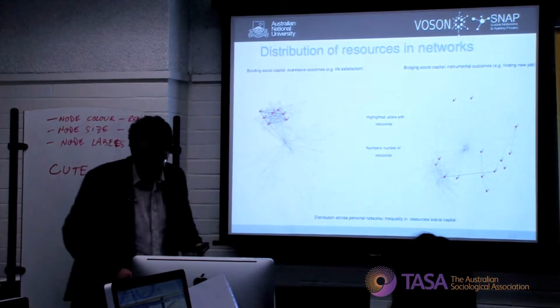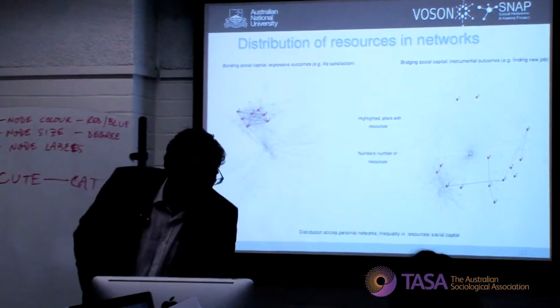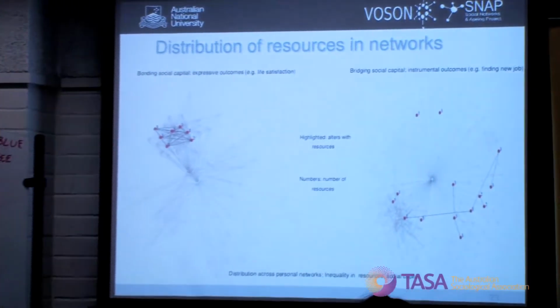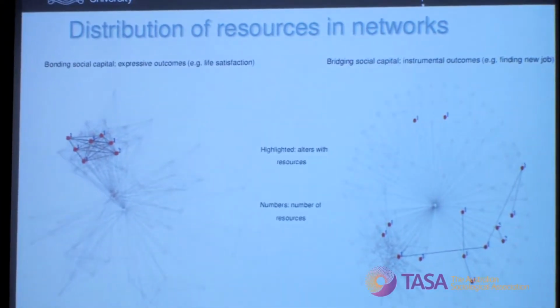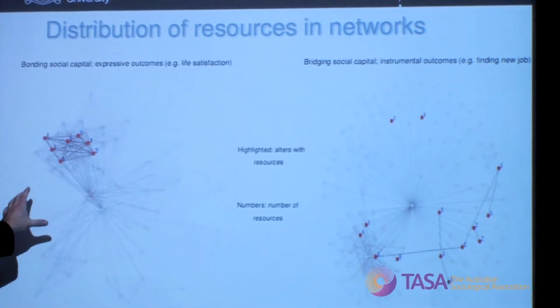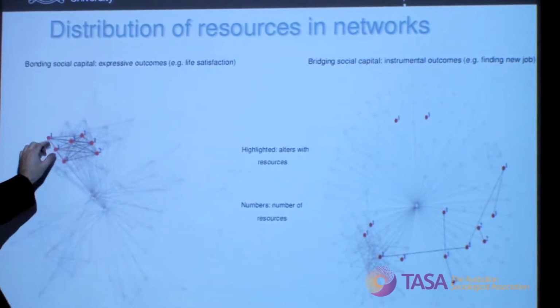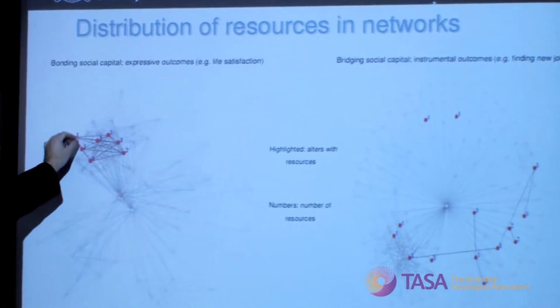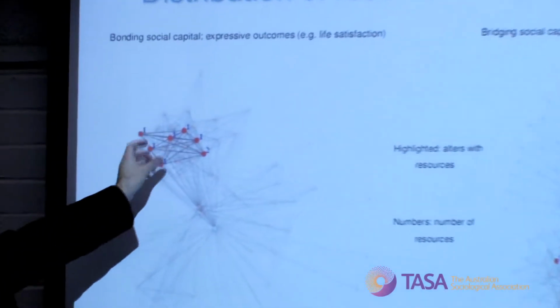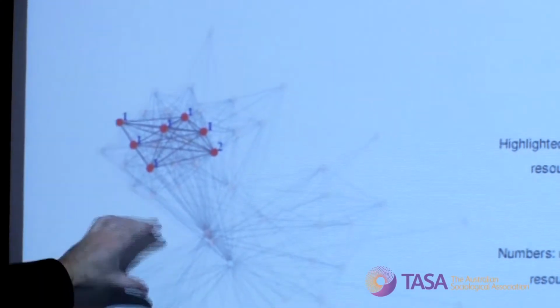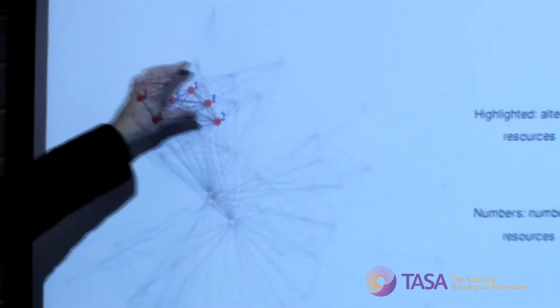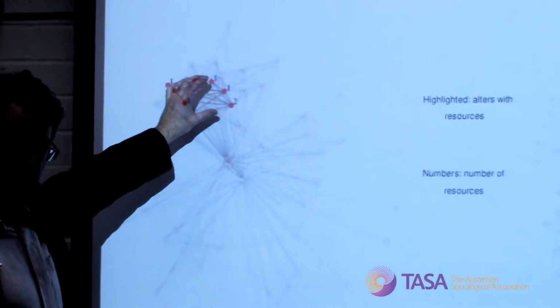Okay. And one other interesting part of our research is that we're able to show how resources are clustered within networks. This is an ego network where the nodes coloured in red have resources based on the social capital question that we asked. You can see that in this person's ego net, all the resources are clustered.